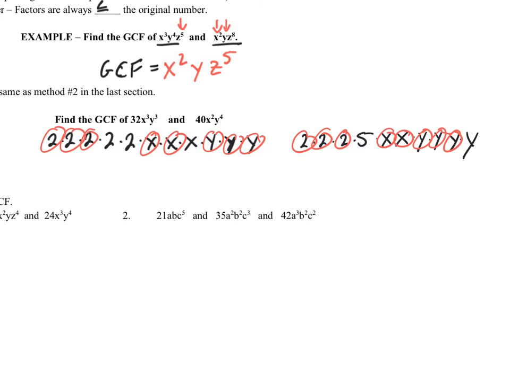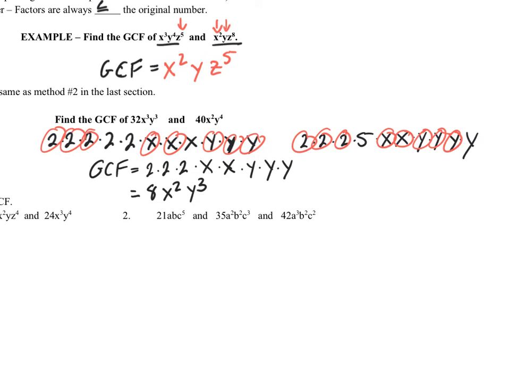Now we need to condense this into our GCF. So our GCF is going to equal 2 times 2 times 2 times x times x times y times y times y. But we can't leave it like that. 2 times 2 times 2 is 8. X times x is x squared. Y times y times y is y to the third.